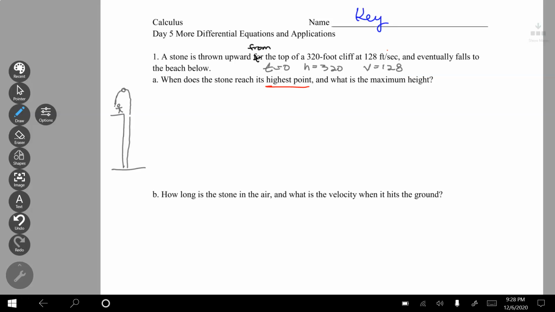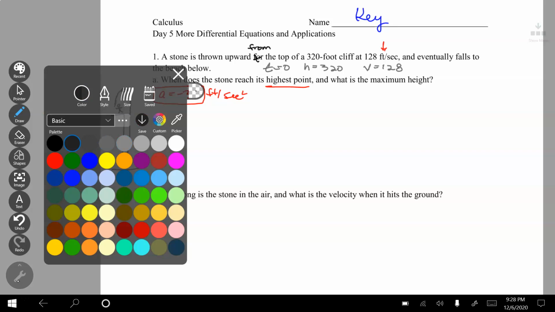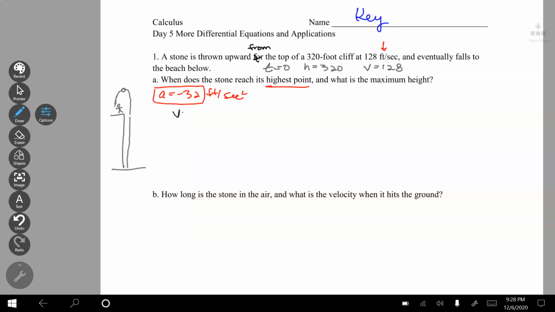Well, because this is in feet per second, I know my acceleration is going to be negative 32 feet per second squared. And then my velocity is the antiderivative of acceleration, which is negative 32 dt. I get v equals negative 32t plus some c.